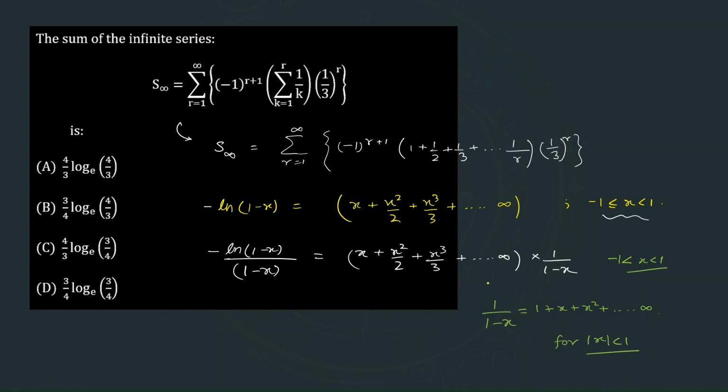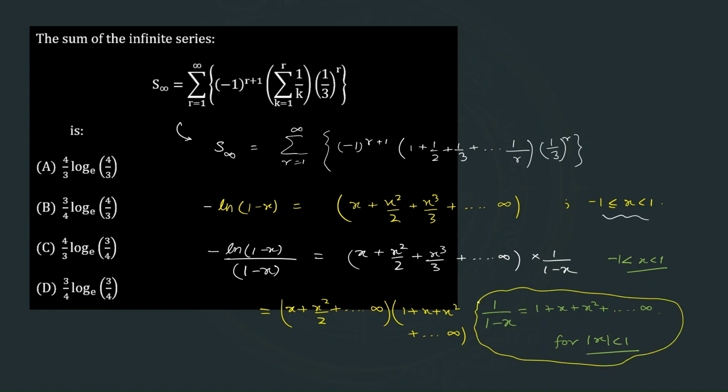So if we expand this, it will be (x + x^2/2 + and so on up to infinity) times (1 + x + x^2 + and so on up to infinity). So this is what we have to use.